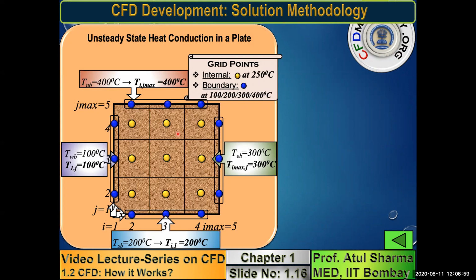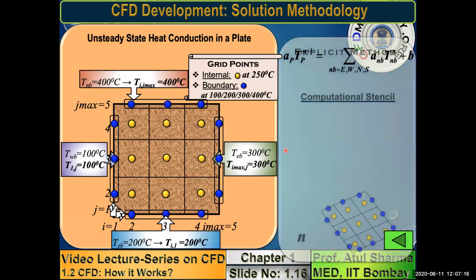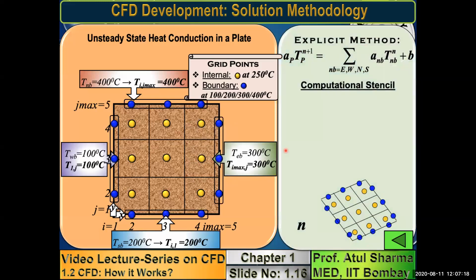So from the initial condition and boundary condition, we already know the discrete temperature distribution, grid point by grid point, and we use a solution methodology where we know the temperature of the first picture, and we have come up with an algebraic formulation.